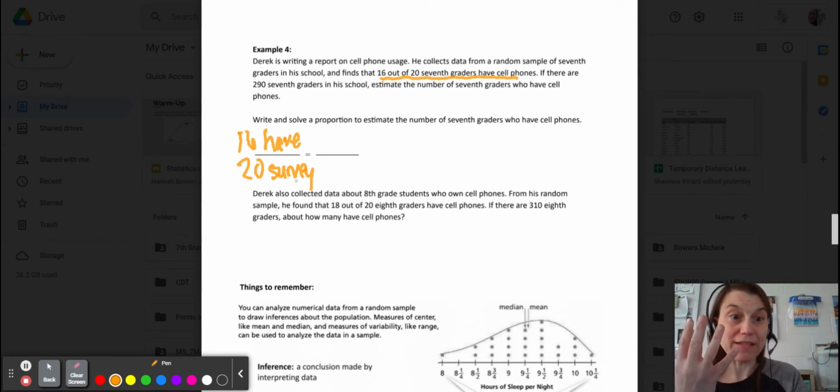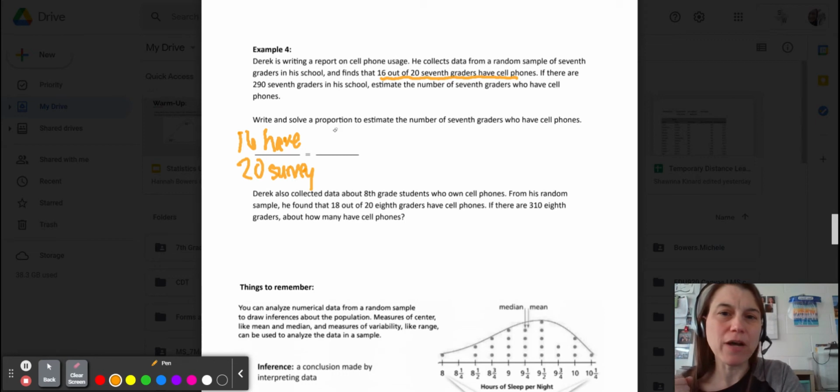That means 4 said no. So that's my ratio. We're going to use that ratio to make a prediction: if 16 out of 20 have a cell phone, then we can figure out how many out of 290 total have a cell phone.